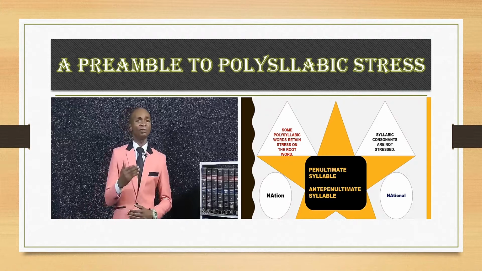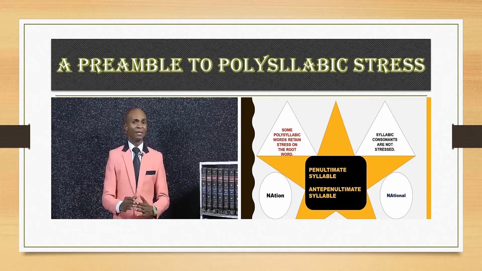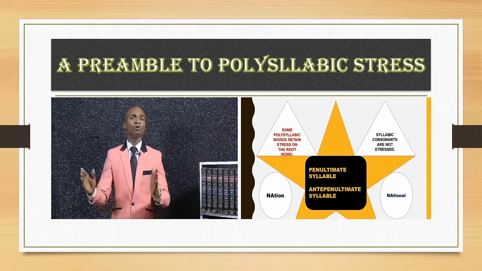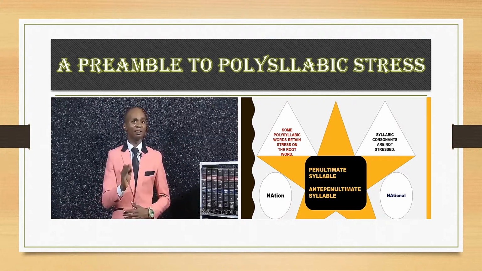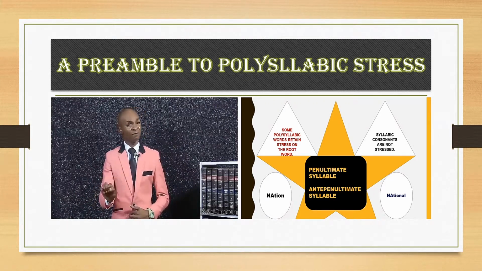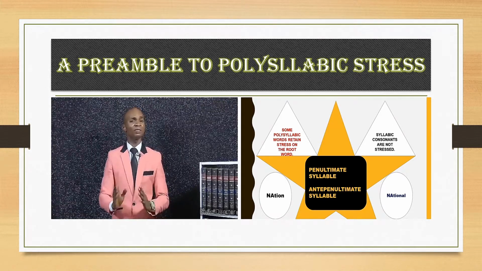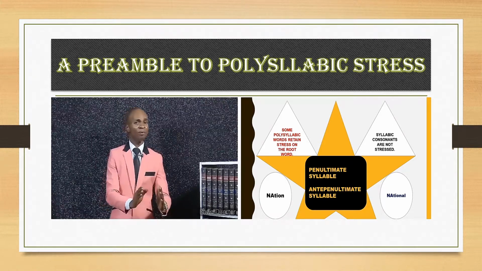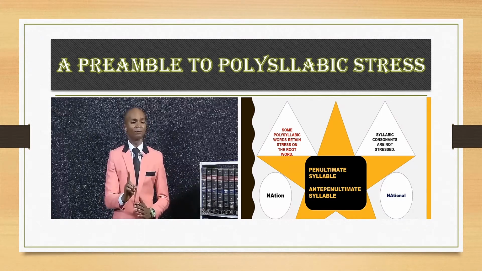If I tell you that a word is stressed on the antepenultimate syllable, I mean it is stressed on the third syllable from the end. By implication, if a word has three syllables only, and I tell you that it is stressed on the antepenultimate syllable, the meaning therefore is that the word is stressed on the first syllable. That means for three-syllable words, their first syllable and their antepenultimate syllable refer to the same syllable.